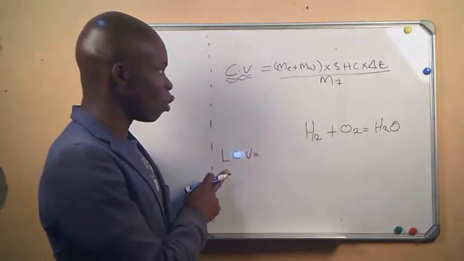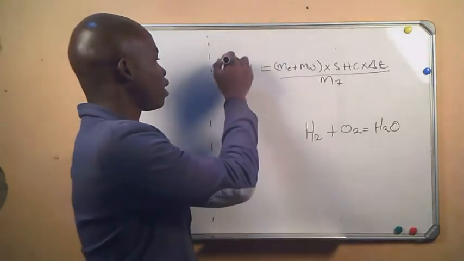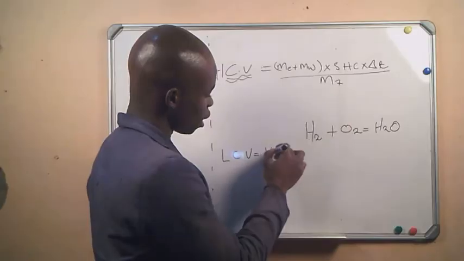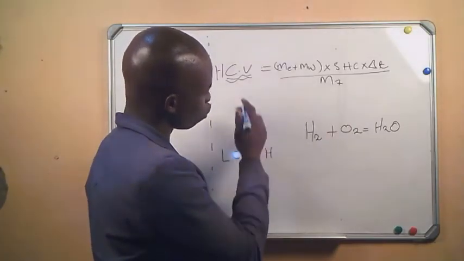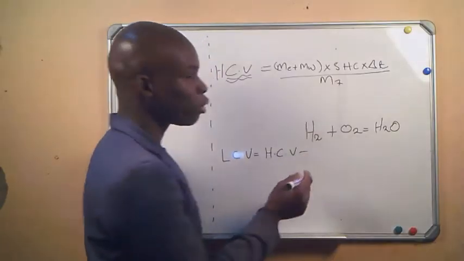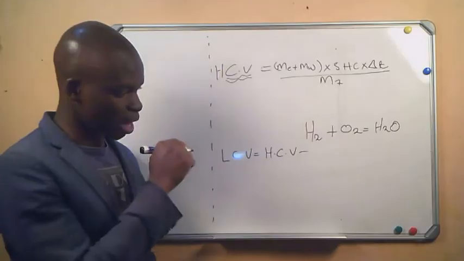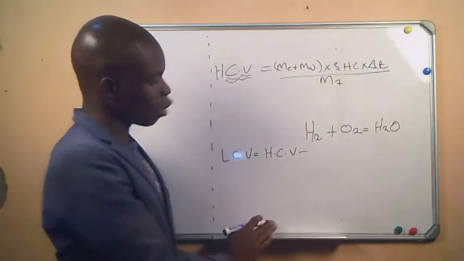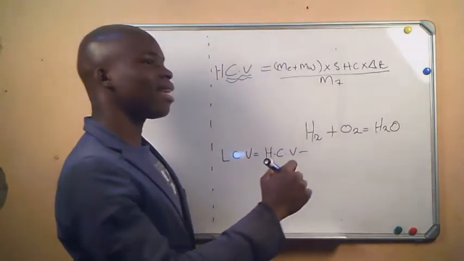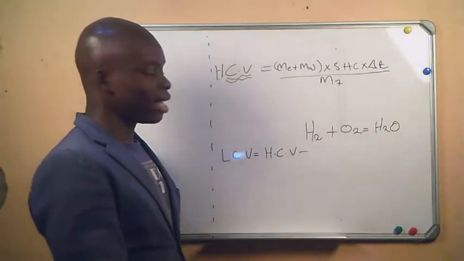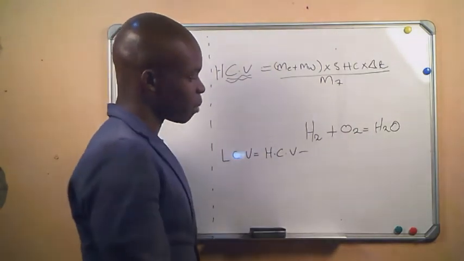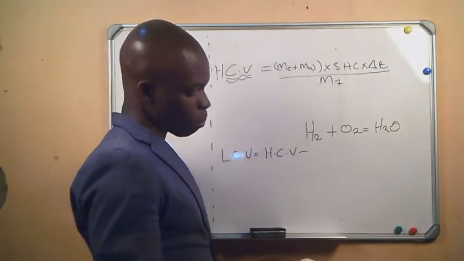Because this is a low calorific value, we will say this is the high calorific value. The low calorific value is equal to the high calorific value, which is the total amount of heat produced by the coal or whatever fuel we are using, minus the heat energy that left with the steam due to the presence of hydrogen in the combustion chamber.